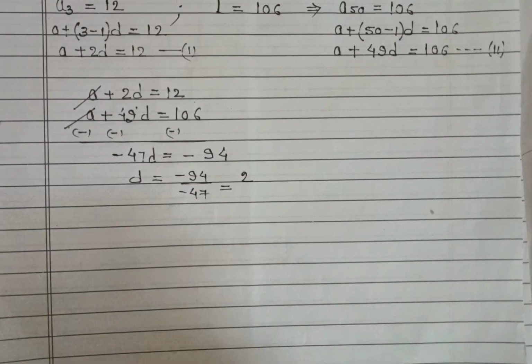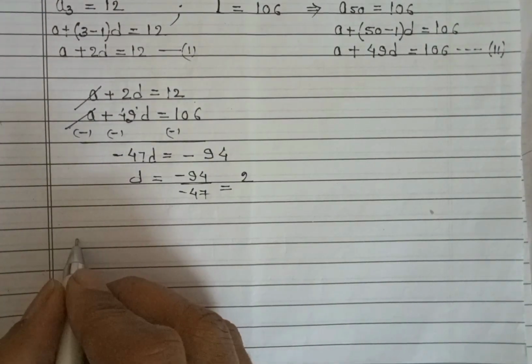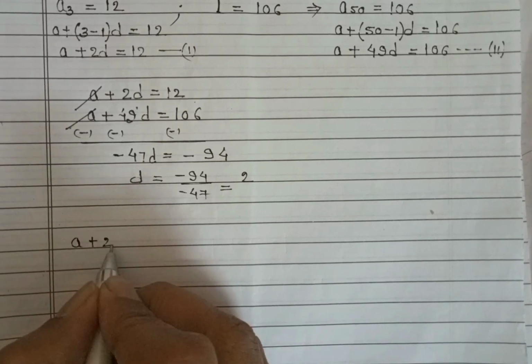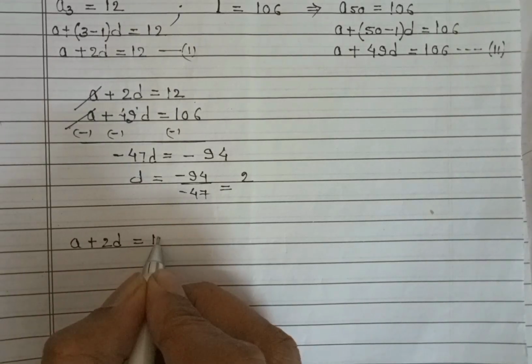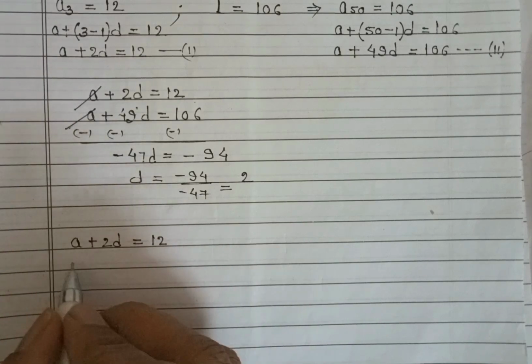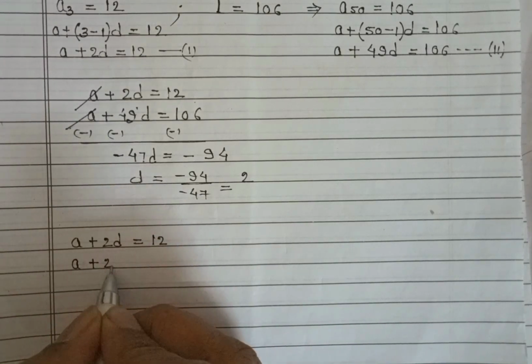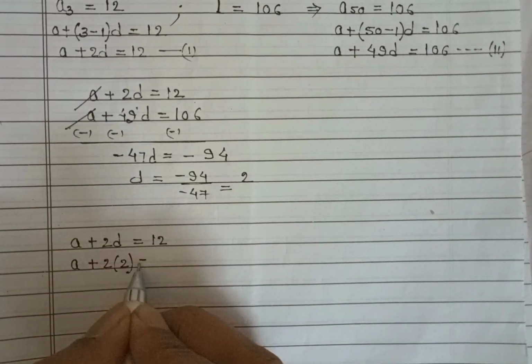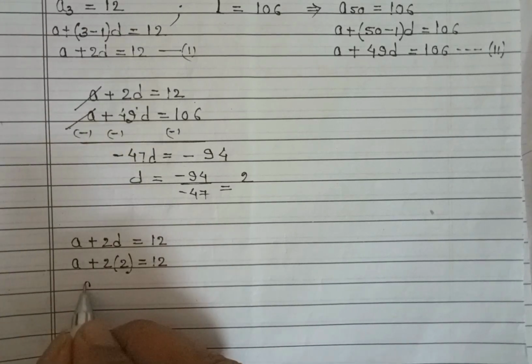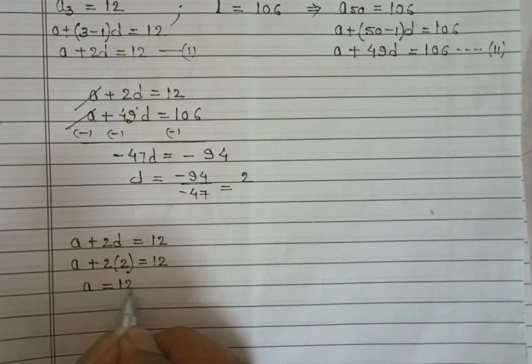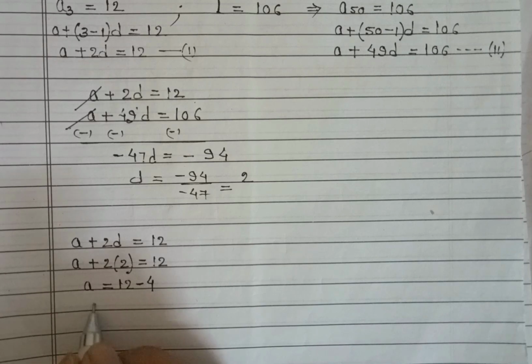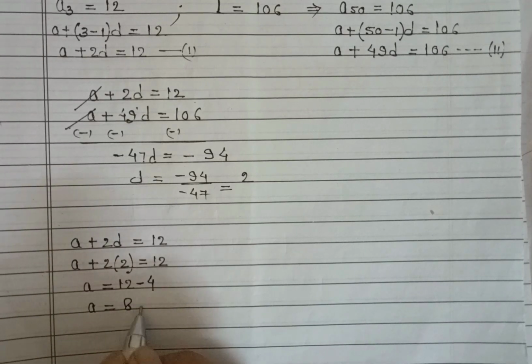Now substituting in the first equation, we have a plus 2d is equal to 12. So here d is 2, so we are getting the value of a as 8.